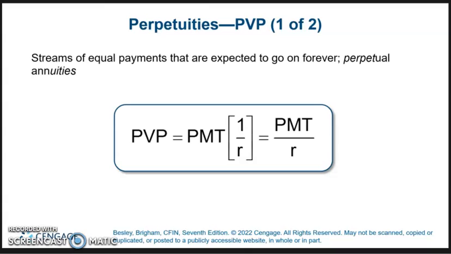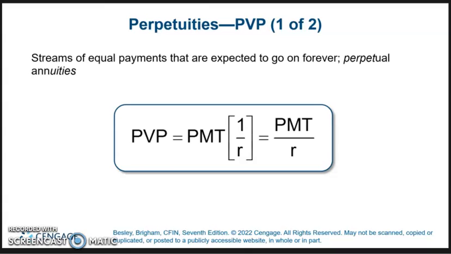Historically, preferred stock has not been callable. There actually have been preferred stock issued more recently that is callable, but disregard that. The other type of investment that is a perpetuity is called a consul, and to my knowledge, consuls do not exist in the United States.